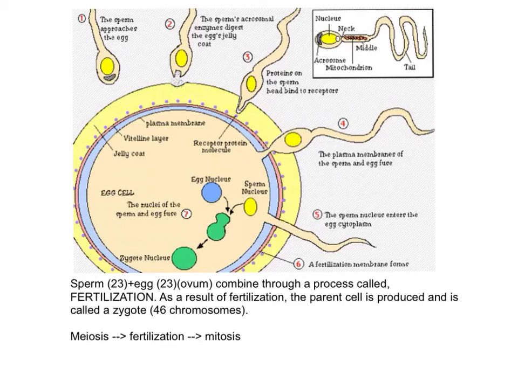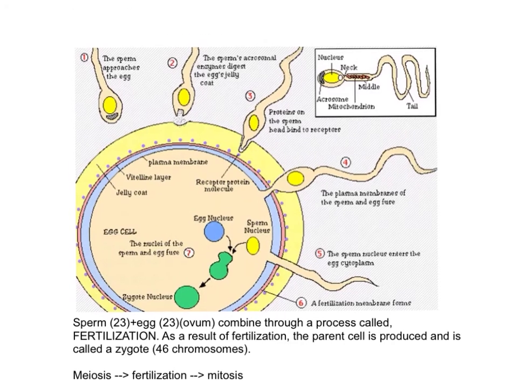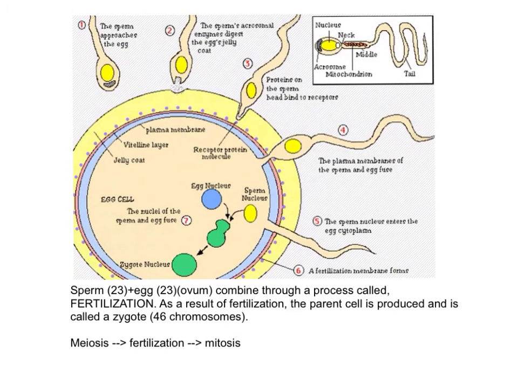So I just wanted to give you a better example of both the sperm and the egg and how they combine. So you can see here that the sperm is approaching. And as the sperm is approaching the egg, you can see that it's breaking down the cell membrane in order to get in, so that the nucleus of the egg, which has 23 chromosomes, can combine with the nucleus of the sperm, which has the other remaining 23, to make 1 parent cell, which has 46.